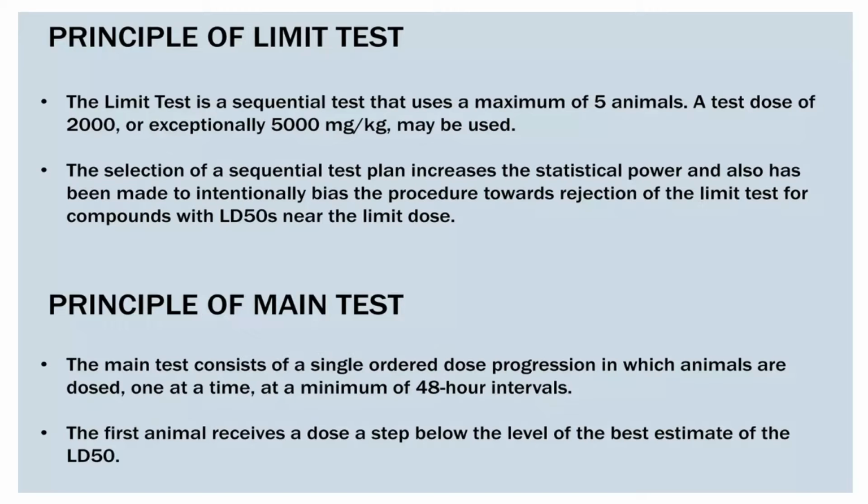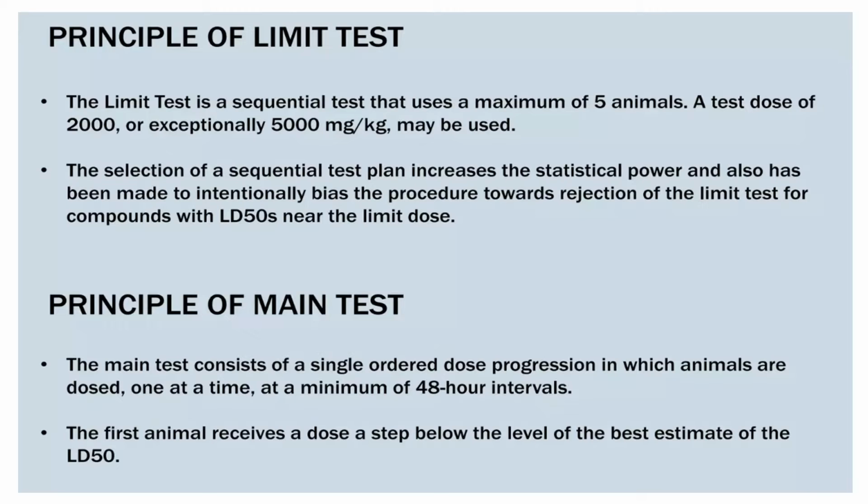If the animal dies, the LD50 is assumed to be less than the test dose, and the main test must be conducted to determine the LD50. If the animal survives, additional animals are dosed, and their responses will determine whether the LD50 is less than or greater than the limit dose.